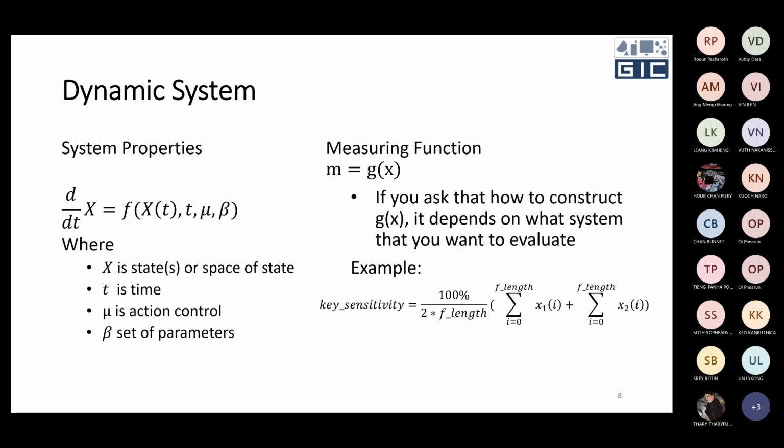You can represent your system in any kind of way, but here we represent it as a function f, and our system equals a function of the state, because it can link to other states over time. So the property of the system depends on four main things: the state of the system, time, the action control, and parameters.